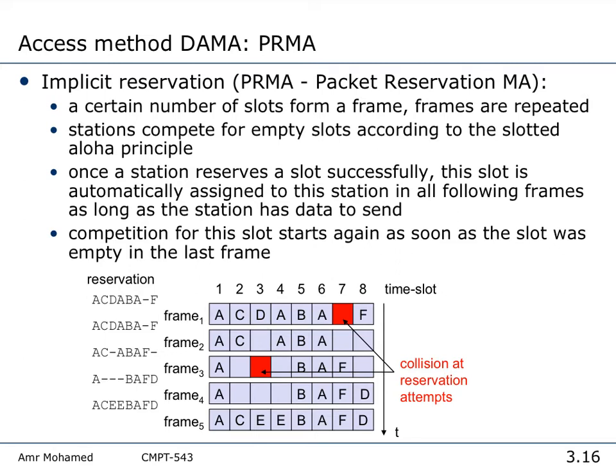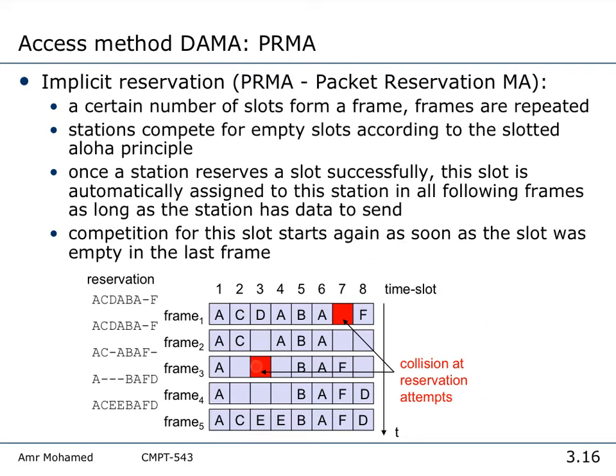Remember, the available time slots are left to any node to access, which means that 2 nodes may try to access this time slot at any point in time, in which case collision may happen, like here. Here there is a collision, and here there was a collision. Why?